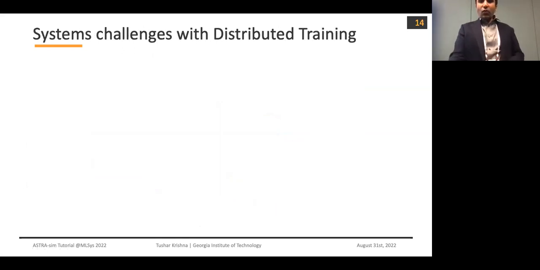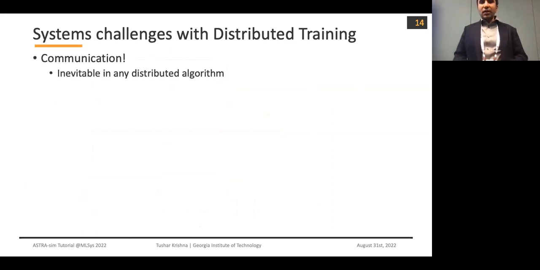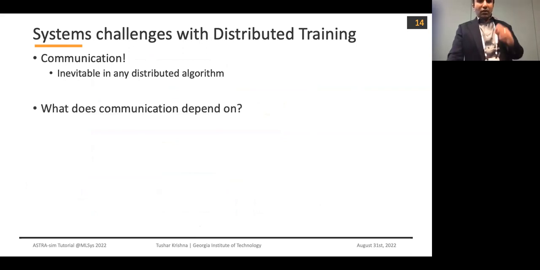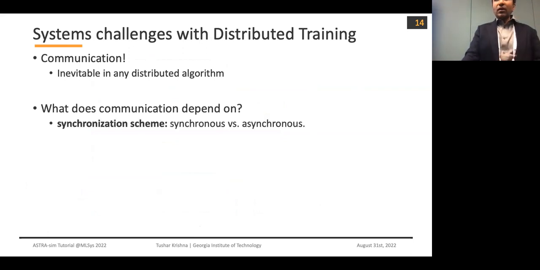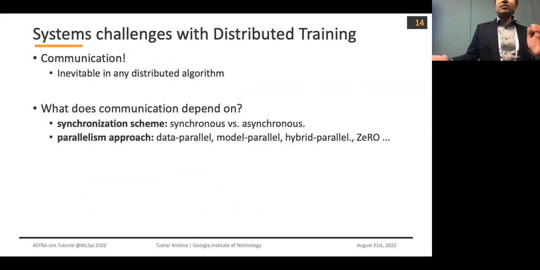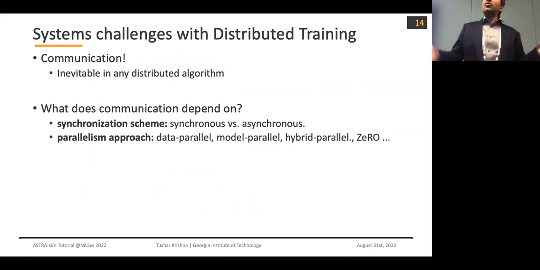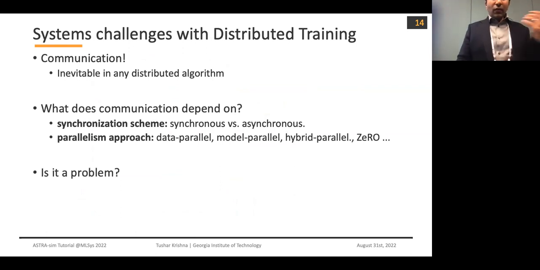All right, so what are some of the systems challenges with distributed training? The first is communication, right? This is inevitable in any distributed algorithm. So what does the communication actually depend on? It depends on the synchronization scheme you have, which I will briefly talk about, and the parallelism strategy. Both of these will determine the communication that you have. And the question is, well, is communication a problem?